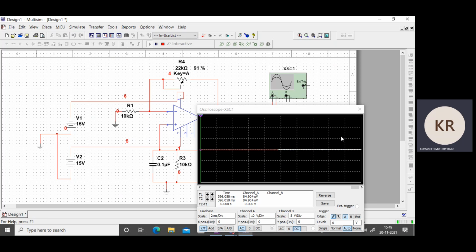One percent, 91%. 93. 100. 100 to 98. Okay. Clipping is there. 100 to 91. Okay. Change the amplitude.